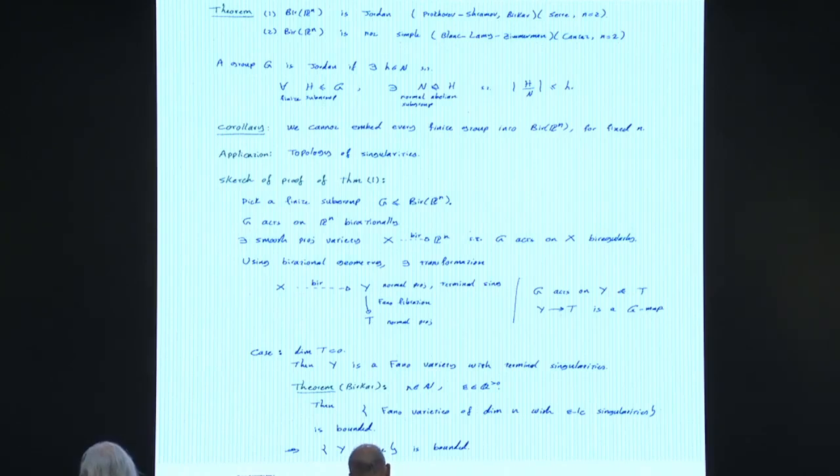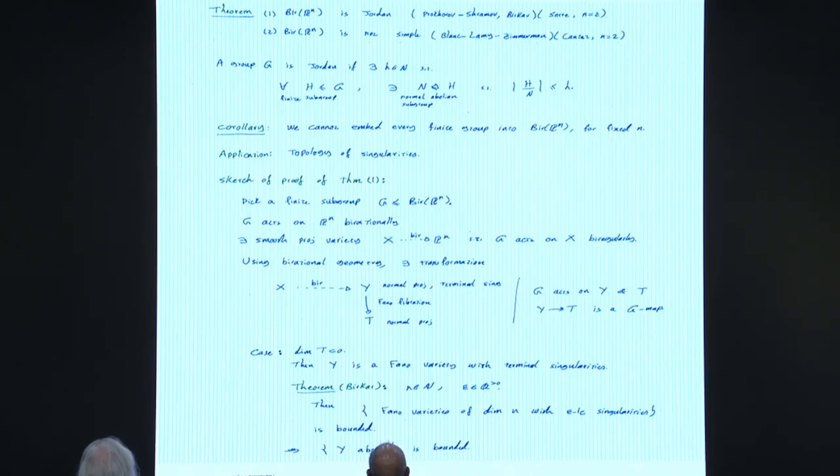Okay, now some of the recent theorems about these symmetric groups, these birational automorphism groups, are these two theorems. They are actually separate theorems. The first one says that this birational automorphism group is Jordan. It satisfies the so-called Jordan property. The definition of Jordan is given just below. It means that all the finite subgroups are basically very close to being abelian.